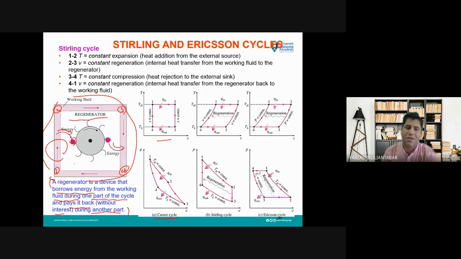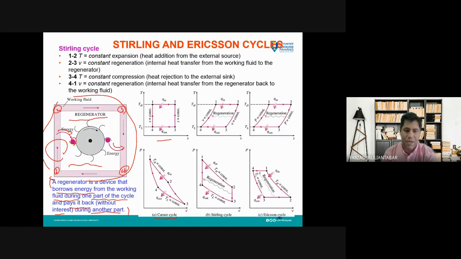We call this regeneration. And how is it useful? If you remember these four different processes, we don't have power in all of them.